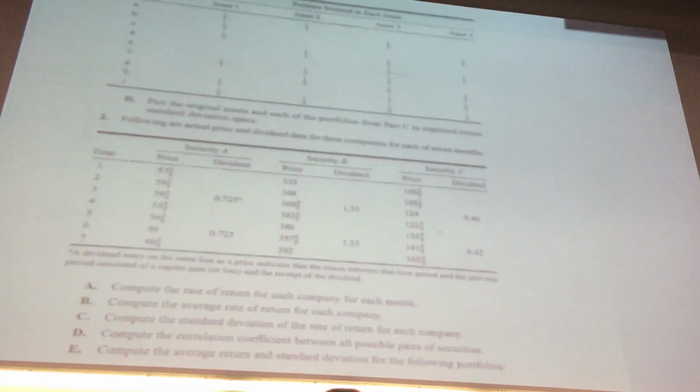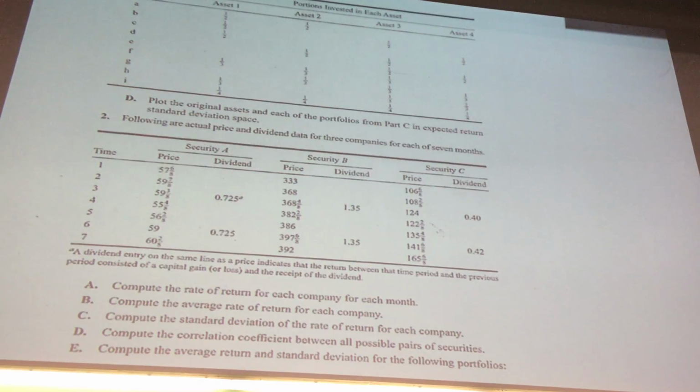Yeah. So now part D is basically plotting the original assets and each of the portfolios that you created from part C on a return versus standard deviation space. What does that mean?